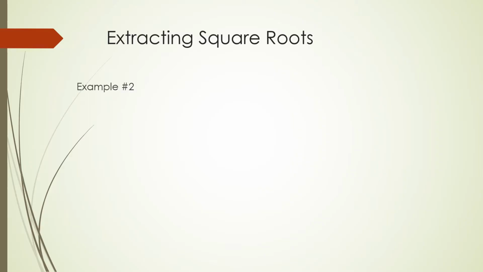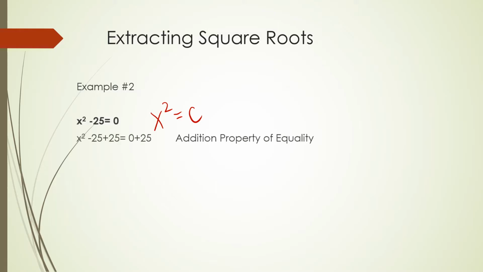Sample number 2. The given is x squared minus 25 is equal to 0. So, the given is not written in the form of x squared is equal to c. To make it that, you need to apply the addition property of equality.